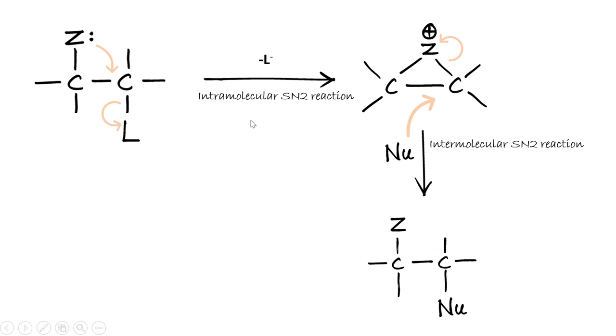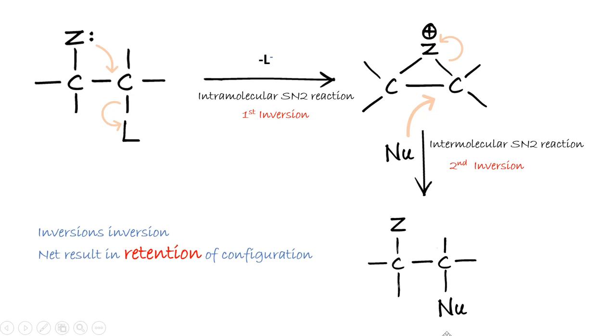In this whole reaction, the first reaction is an intramolecular SN2 reaction and the second is an intermolecular SN2 reaction. The first intramolecular SN2 reaction gives the first inversion, because an SN2 reaction gives inversion of configuration. In the next step there is an intermolecular SN2 reaction, the second SN2 reaction, so again there is inversion of configuration, that is the second inversion. So inversion twice gives retention of configuration, which is the important point.